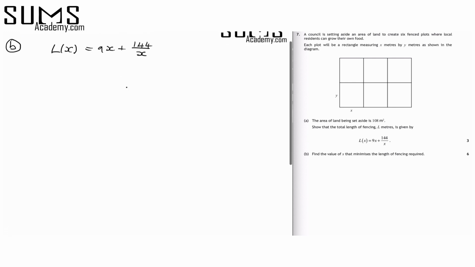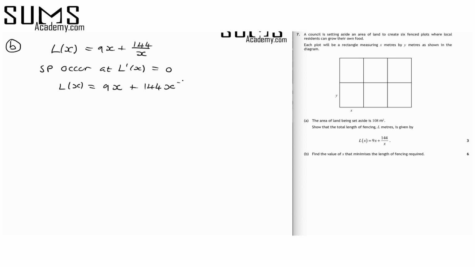So what we're going to do is find the stationary points. The stationary points occur at L'(x) equals 0. Okay, so L(x) first: L(x) equals 9x plus 144x to the negative 1.